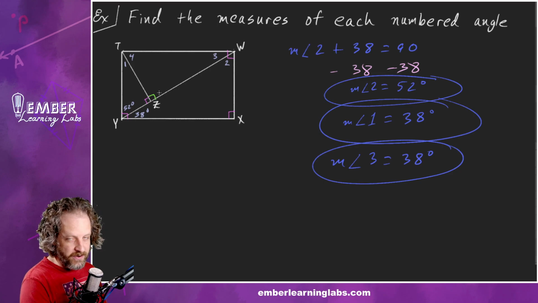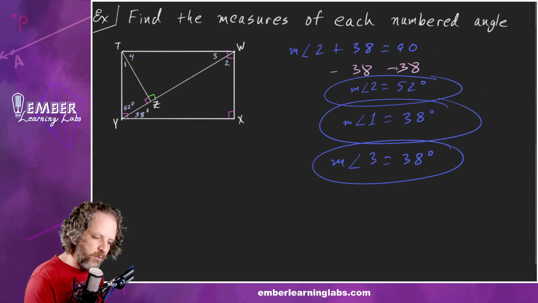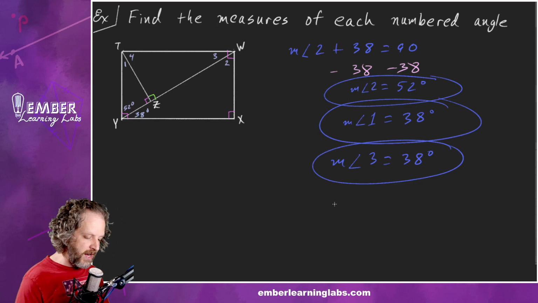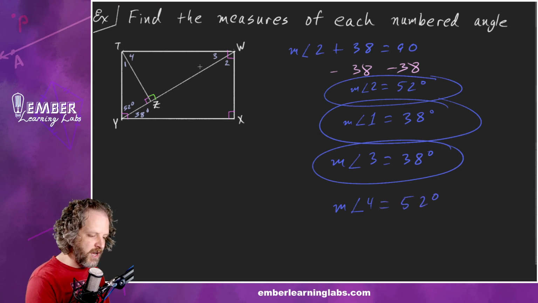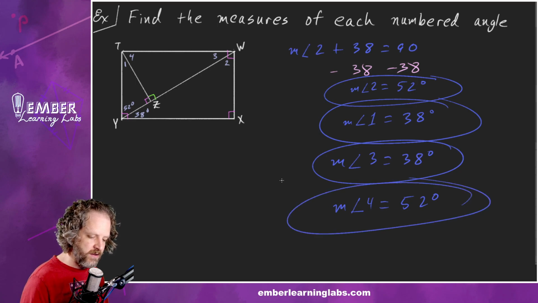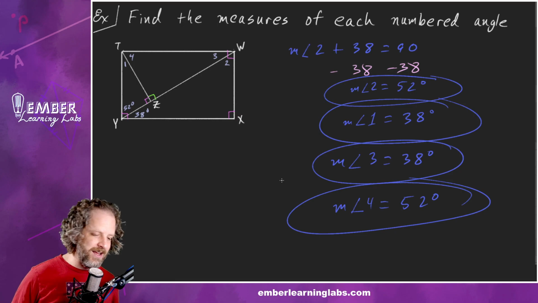We love these corollaries. We only did one little thing. We just subtracted 38, and then we have all of the answers to this problem. The measure of angle 4 is 52 degrees because it's complementary to angle 3. Isn't that nice? Corollaries are handy.